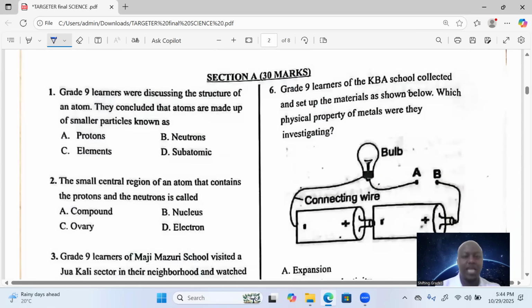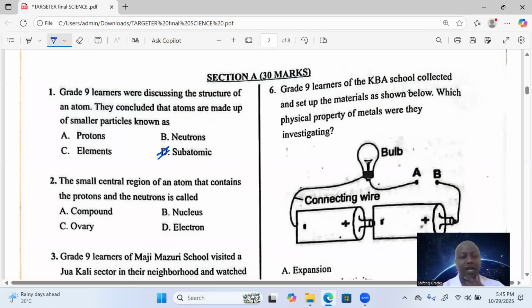Let's look at section A, 30 marks. Number 1, Grade 9 learners were discussing the structure of an atom. They concluded that atoms are made of smaller particles known as, so this is under the structure of an atom, and we know that generally the particles making up an atom are called subatomic particles.